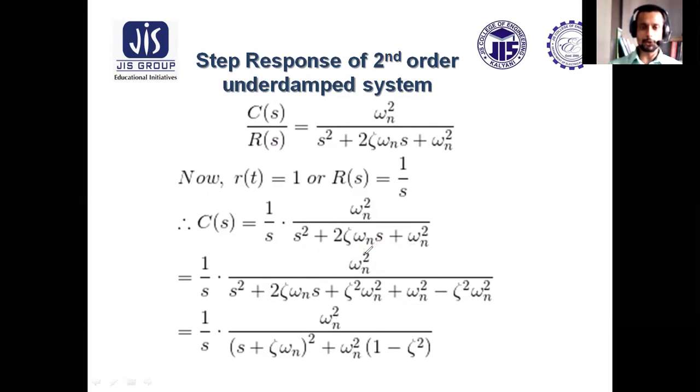So in the numerator there will be omega n square, and in the denominator this part will give us s plus zeta omega n whole square, and this part will give us omega n square into 1 minus zeta square. So from this we can conclude that this part is taken extra so as to make it a whole square. Okay, this is for derivation purpose.